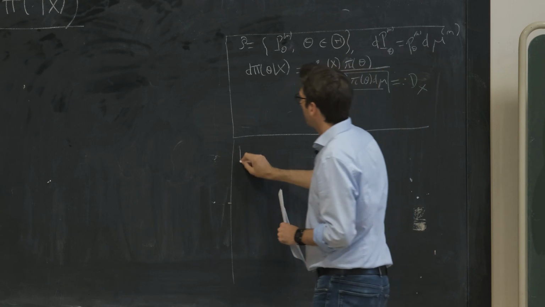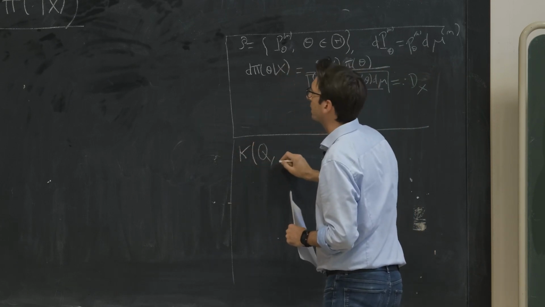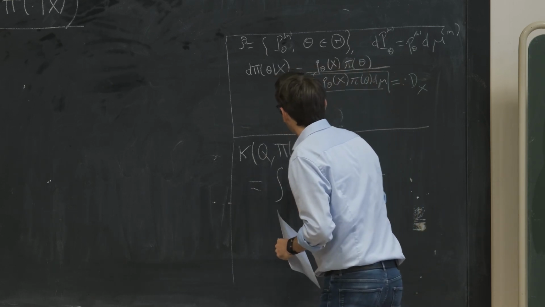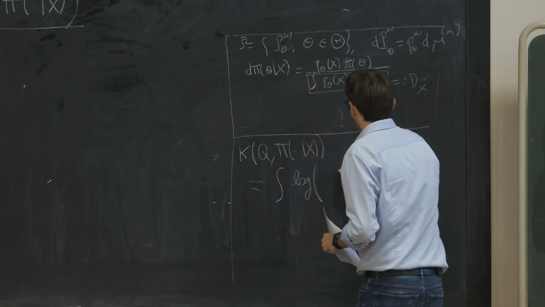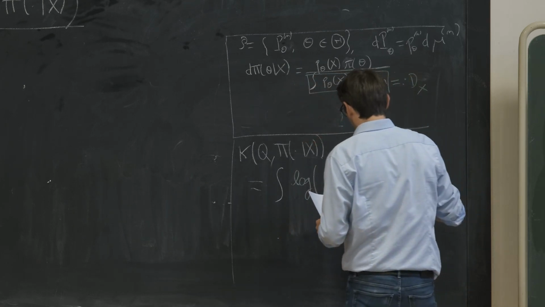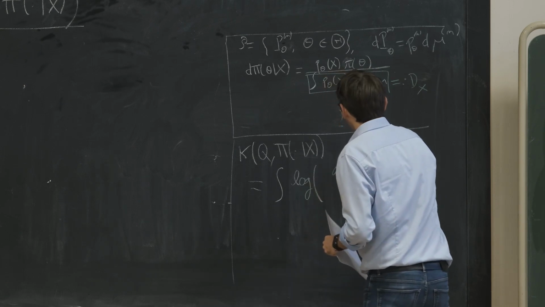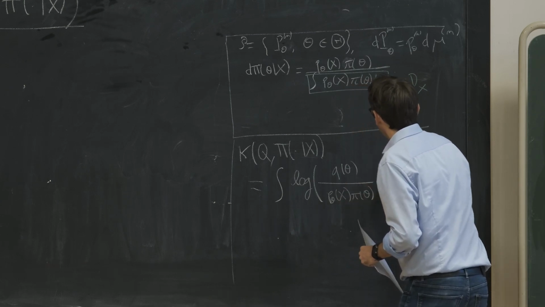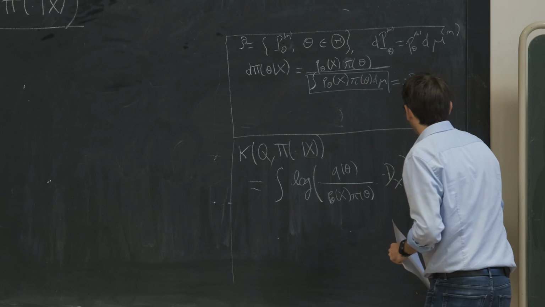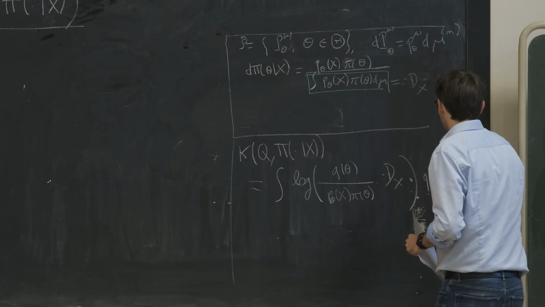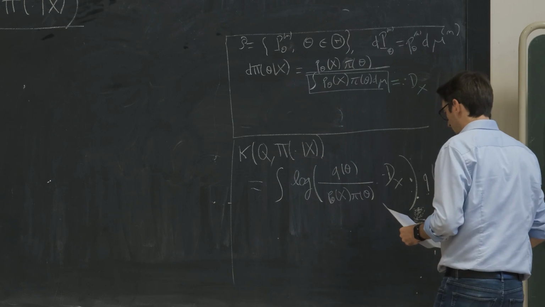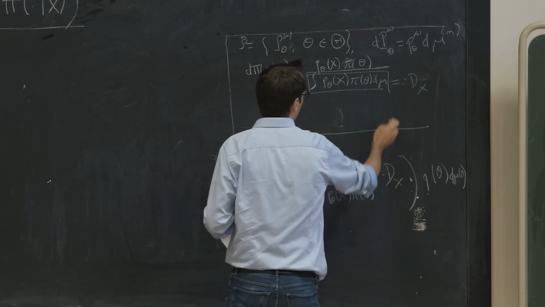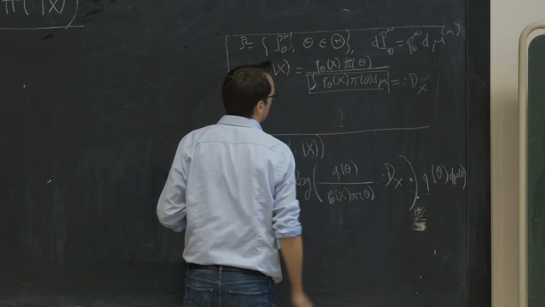And so if I do the little computation, what is the Kullback-Leibler divergence between Q and the posterior? It is just the integral of the log of Q theta, suppose I also have a density little q for capital Q, divided by p theta of x times pi of theta over p(x), and I integrate against q theta d mu theta. Here you see that this quantity p(x) is not so easy to compute because it's an integral.